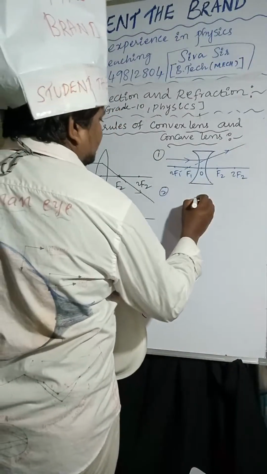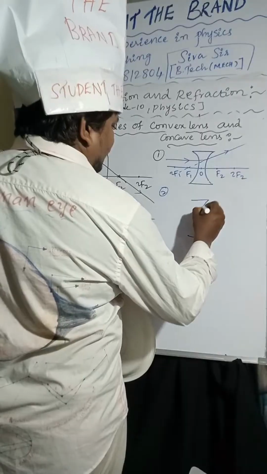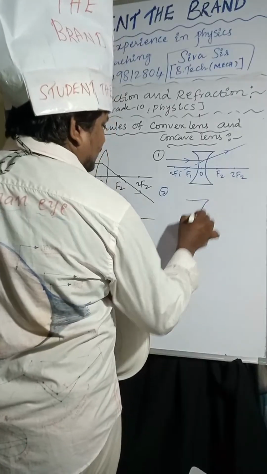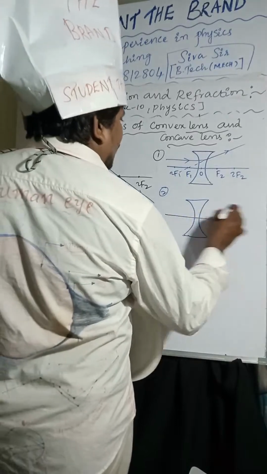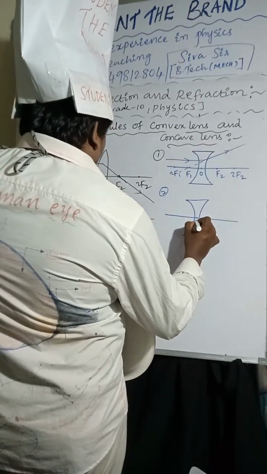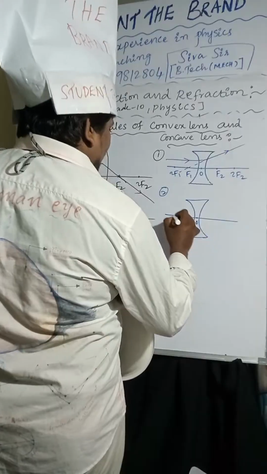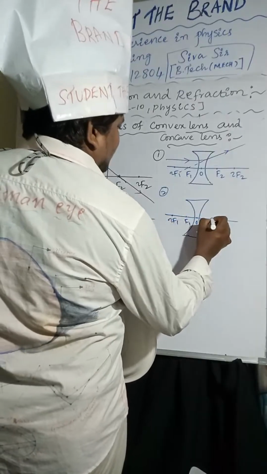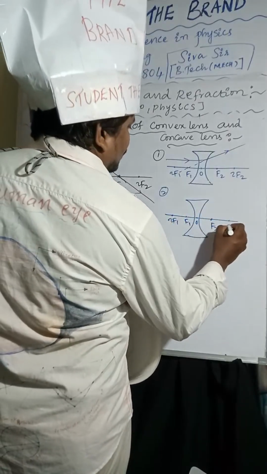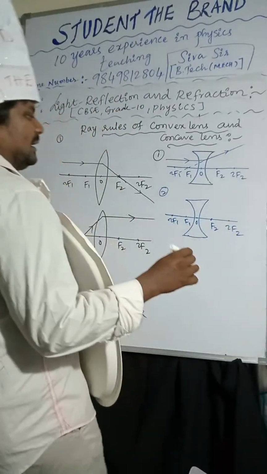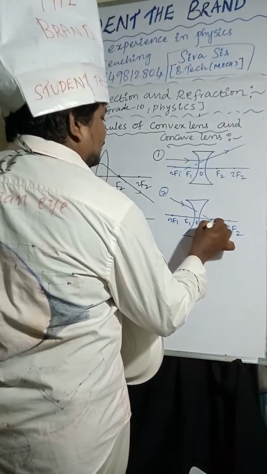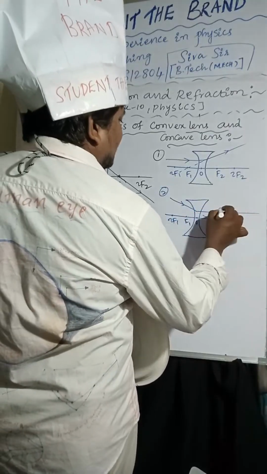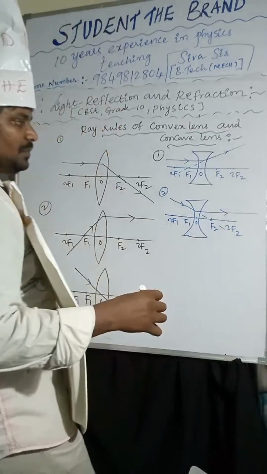Next one. Optic center, F1, 2F1, F2, 2F2. Light ray is passing through the focus. After refraction it will be passing parallel to the principal axis.